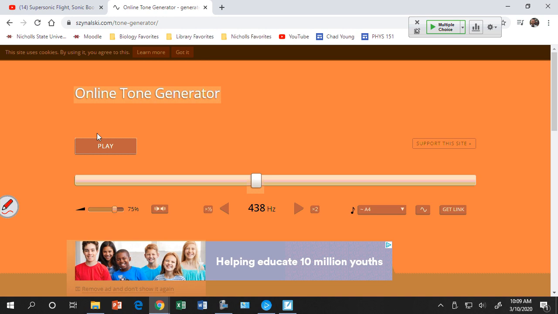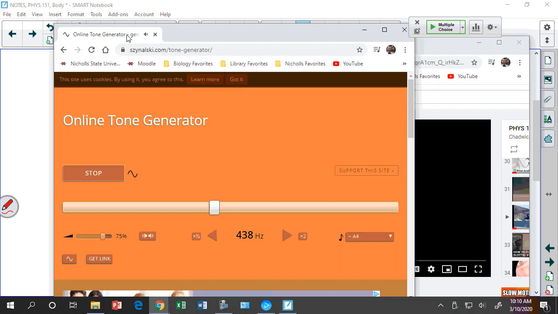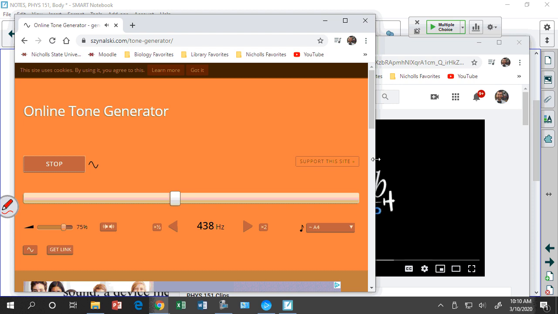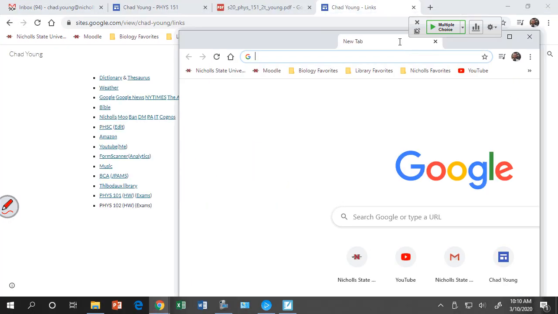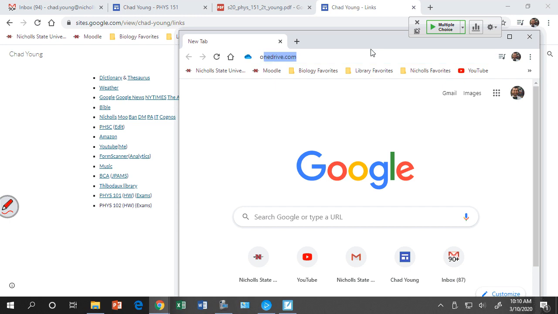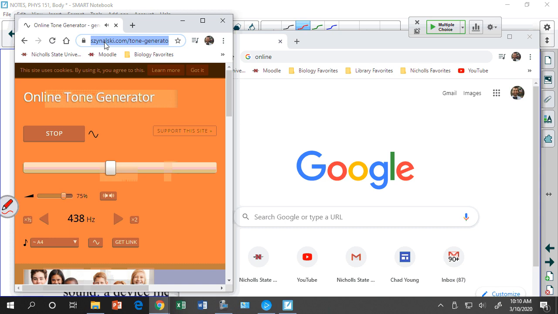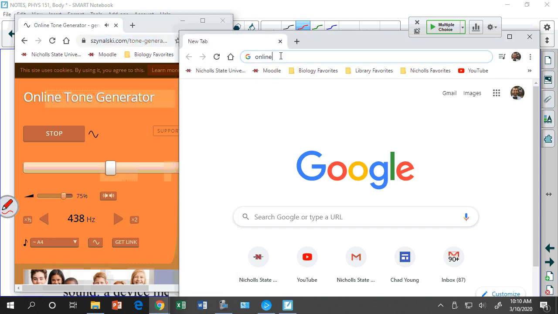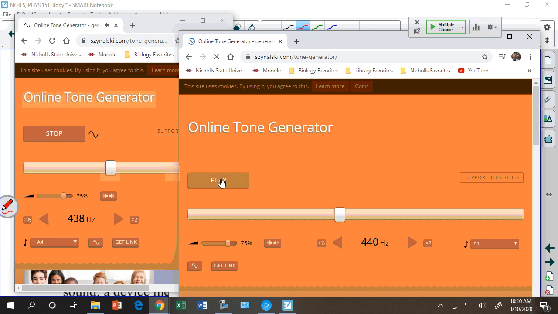All right, so I can use this online tone generator to mix up multiple frequencies. So there's my 440. Is that annoying? I'm going to mix it with another tone.